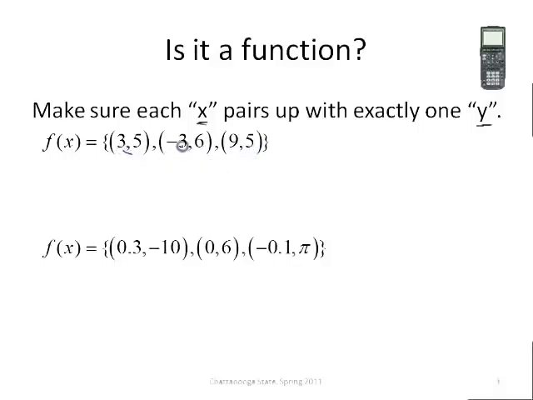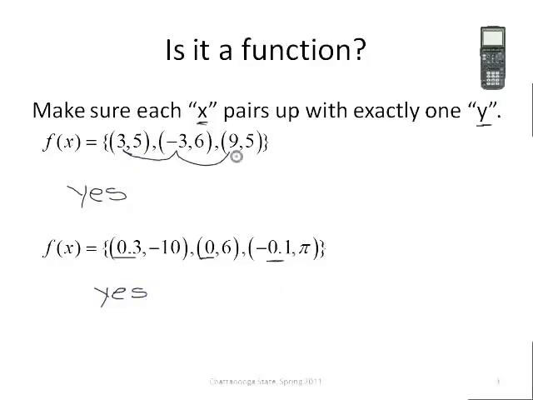Each x is different. So that means each number in the domain only has one y that goes with it. So we would say, yes, this is a function. If we look at this second example, it is also a function because each x is different.